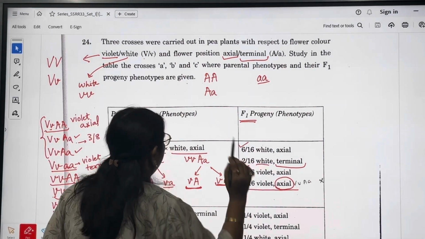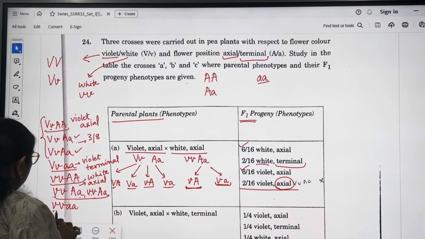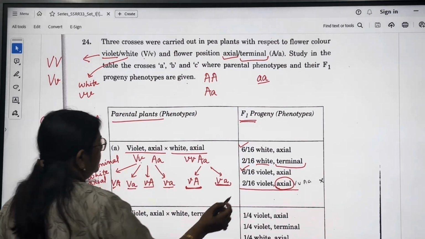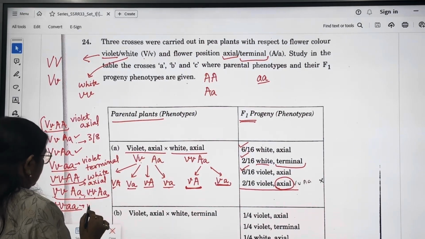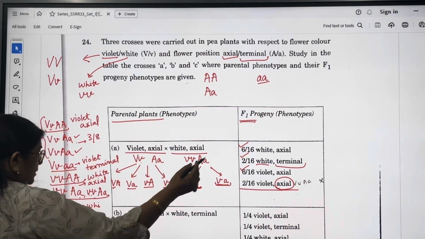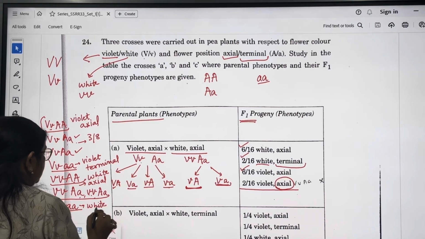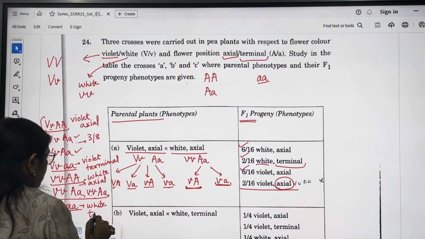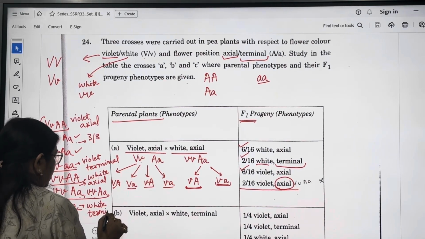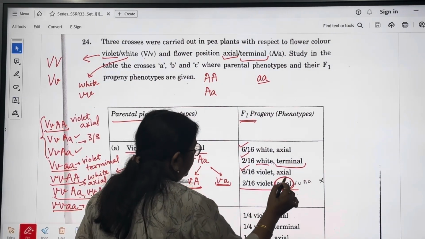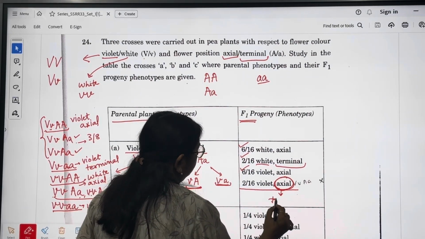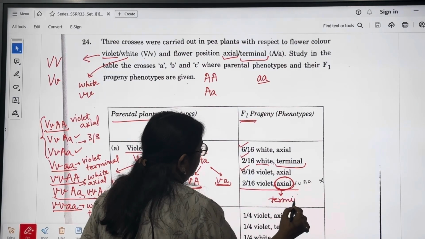And small v small a is white terminal, 1 out of 8, which means 2 out of 16. I think we have solved it. White terminal. So here this is the error. It should be violet terminal.